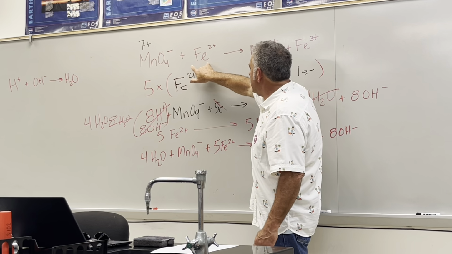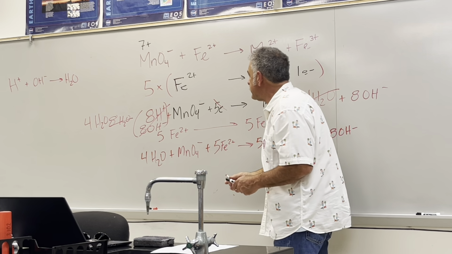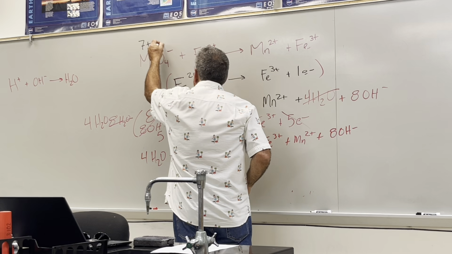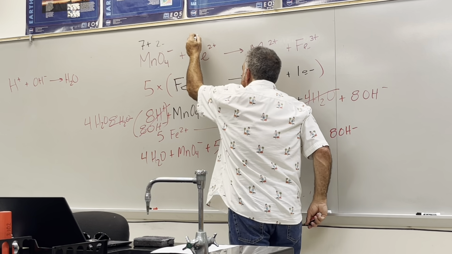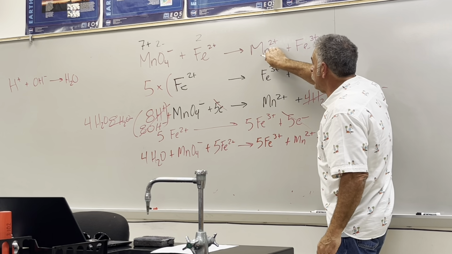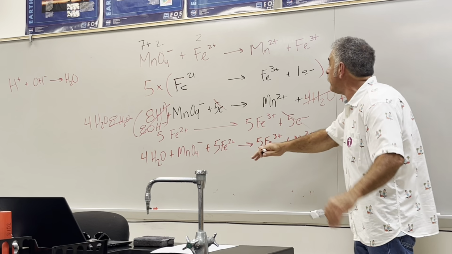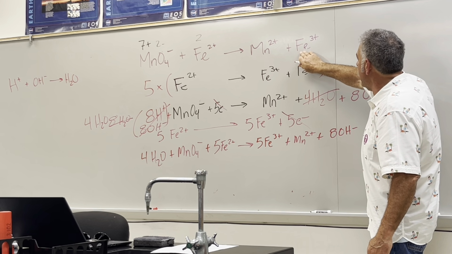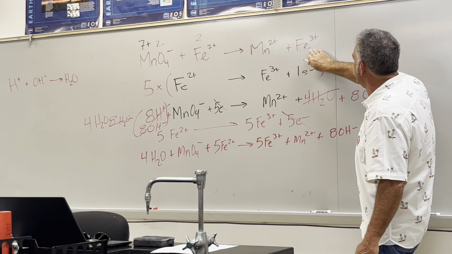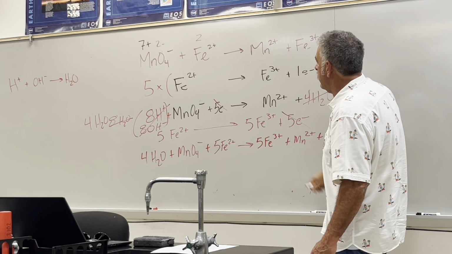Then we add iron at 2+. Keep track of the oxidation states. So let's just put 2- here, and then 2+ here, so just a 2 here. We come to this side, manganese is 2+, which is much different than 7+. It's a 5 electron difference. Plus Fe3+, which is a 1 electron deficit going from reactant to product.